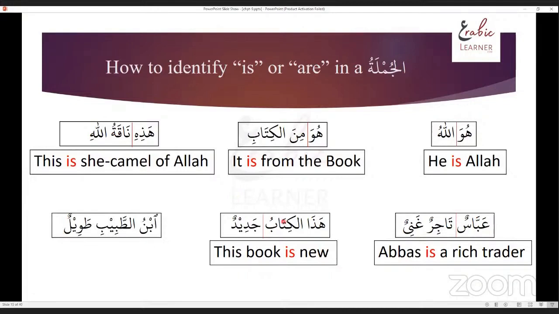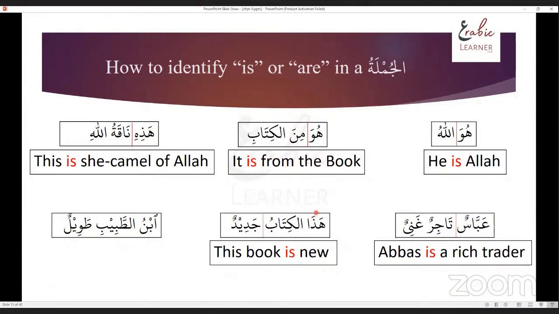Ibn al-Tabibi tawilun. Put the break. Time is finishing, brothers and sisters. Fast. Ibn al-Tabibi, and break.